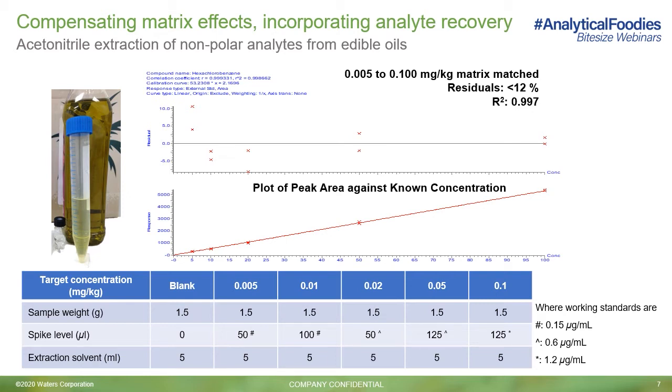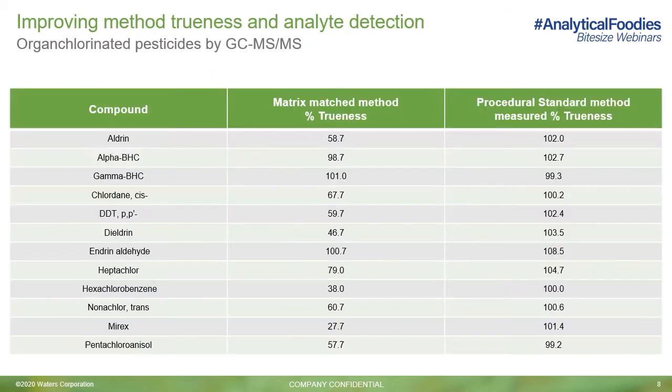The benefits relative to matrix matched calibration for a highly complex sample of edible oils are obvious by comparing the trueness of the methods. And here we see just a short summary of some of the results. We've just taken some of the organochlorinated pesticides targeted in the GCMSMS method. We can see a significant improvement in the measured trueness by procedural calibration when compared against the matrix matched approach.